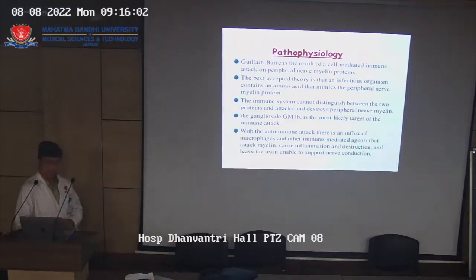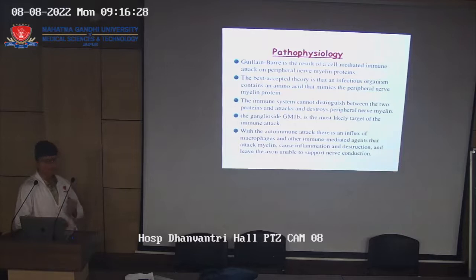So in GBS, there is a cell-mediated immune attack on the peripheral nerve myelin proteins. And what is the best accepted theory behind GBS? That there is an infectious organism which contains an amino acid which mimics the peripheral nerve myelin protein. So there is an infection, and this infectious agent has an amino acid similar to the peripheral nerve myelin protein.